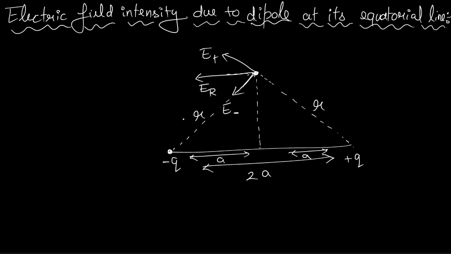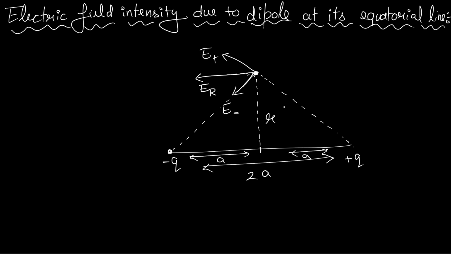Sorry, we have to take the r distance from the axial. From this center point we have to take the r value, as in the previous case, where we found the electric field on the axial line. We have taken the r from the center only.